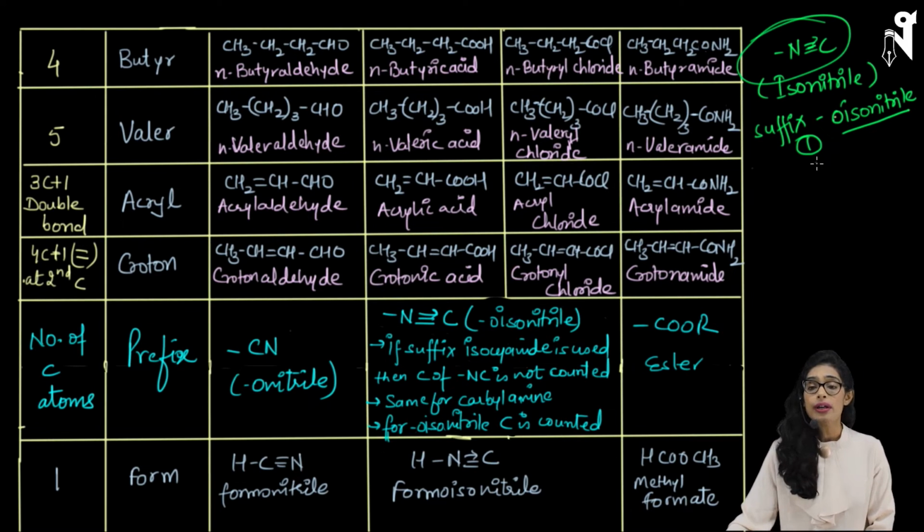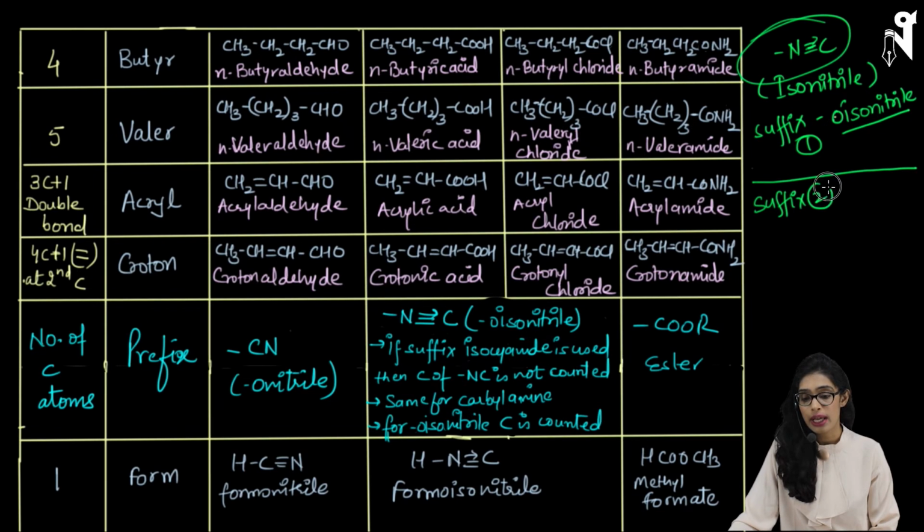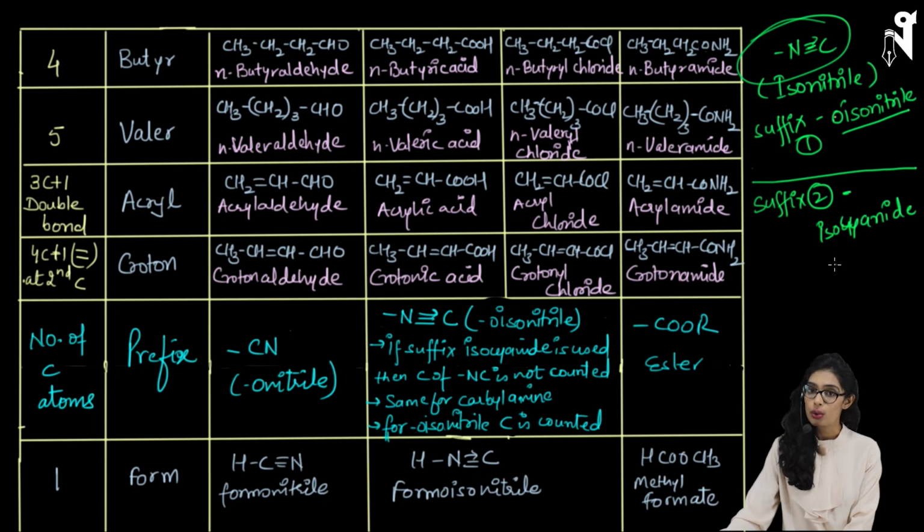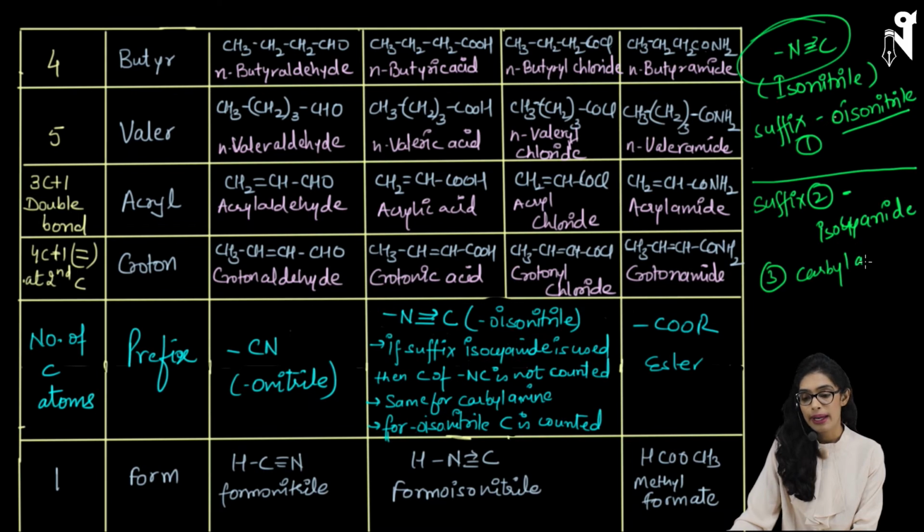Okay, so there are a few other things. There can be other suffixes also. Let me just tell you. Suffix 2, which we can use, is isocyanide. Isocyanide is also a kind of suffix which I can use, and there can be a third type of suffix, that is carbolamine.